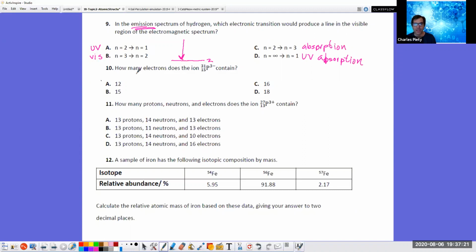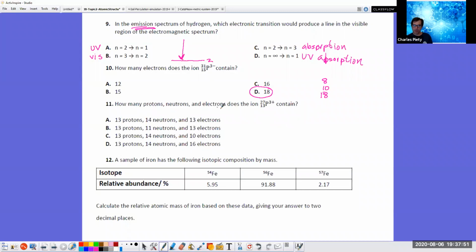There we go. How many electrons does the ion phosphorus 3- contain? Well, phosphorus, the neutral atom, has 15. It's got 3 extra electrons, so it's going to have 18. And you guys probably remember from previous lessons that ions tend to have electron configurations with 8, 10, 18 electrons.